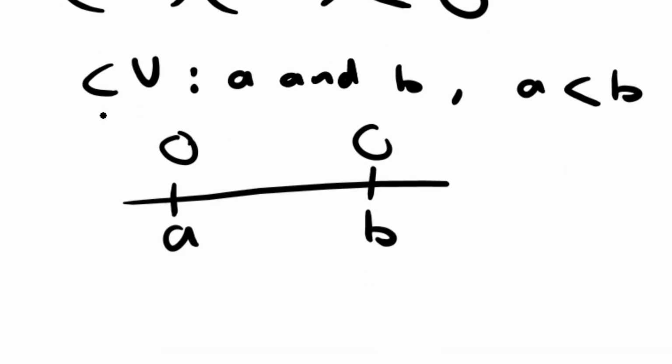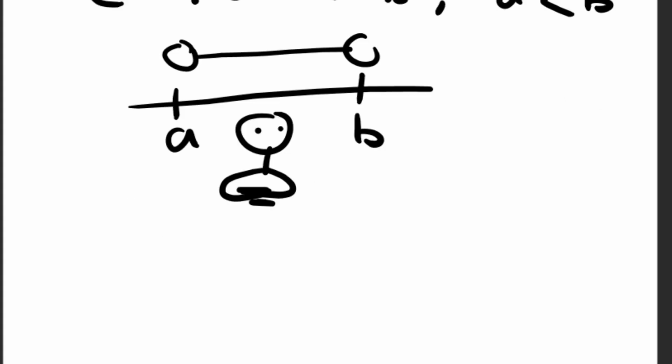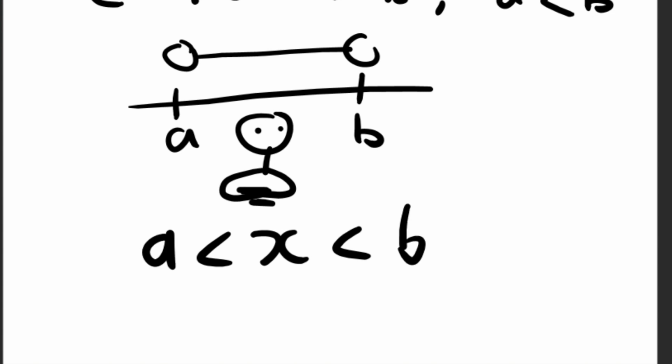Imagine you are here with your hands folded. This is just one line in between, and that one line is represented by one x in between the inequality signs. You put your B here and then your A there.